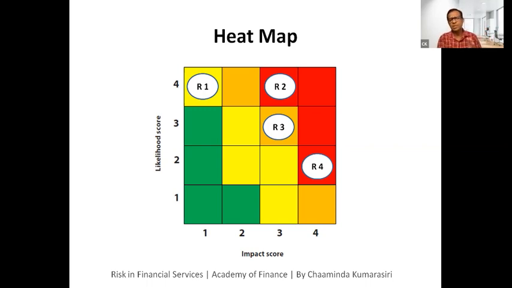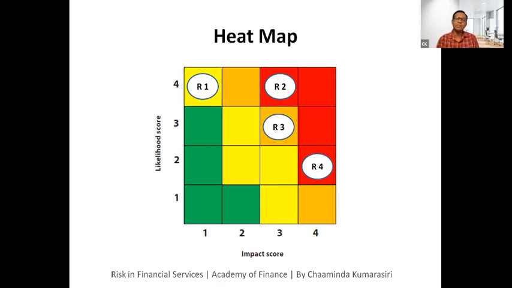Now, you can see the risk score. You can have a risk score based on the multiplication. So 1 into 1 is 1, 2 into 2 is 4, 2 into 3 is 6. But look at the color coding.